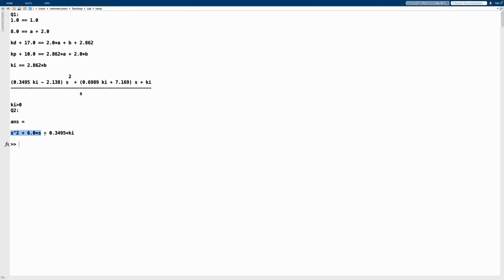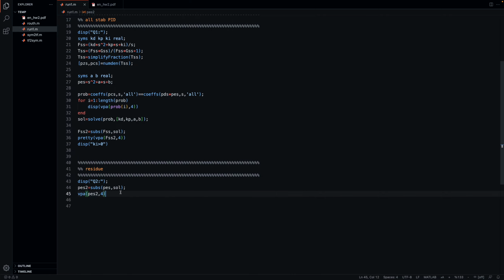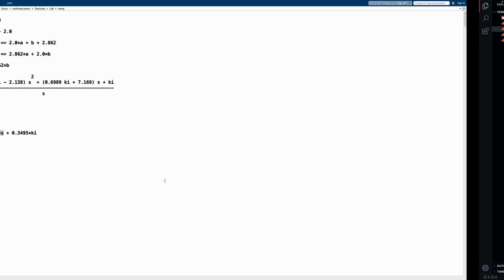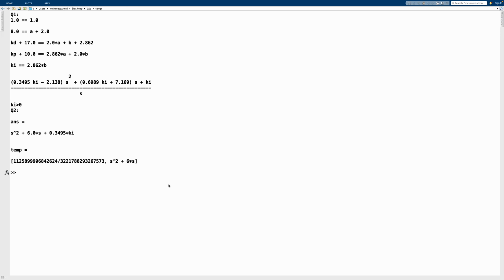Then I'm going to divide the whole polynomial by the non-Ki terms, which will convert this into 1 plus Ki times G equals 0. So that's basically the whole idea, and let's do it. Let's use something temporary, use coefs on PS2 with Ki and all the terms. So let me quickly show you what the result is.